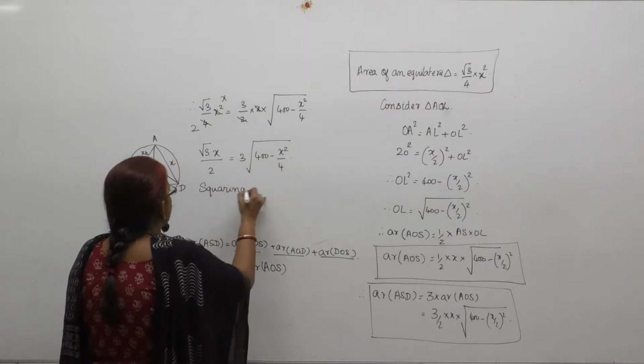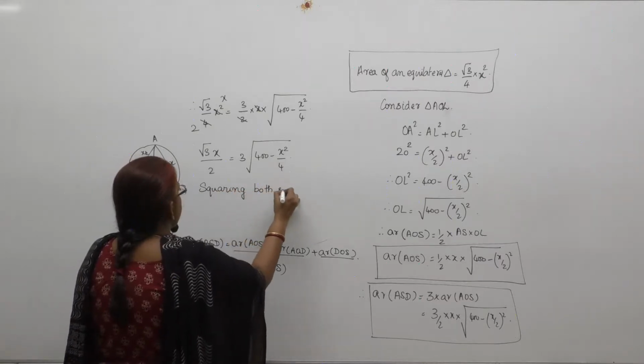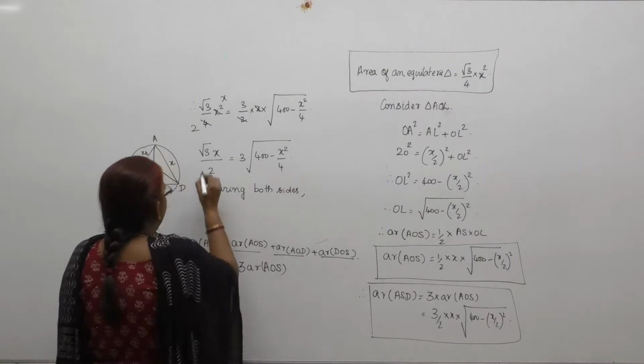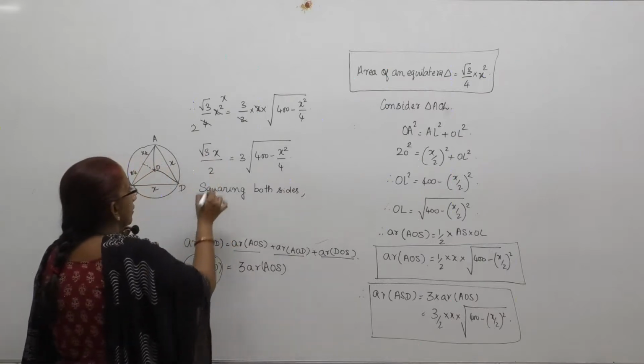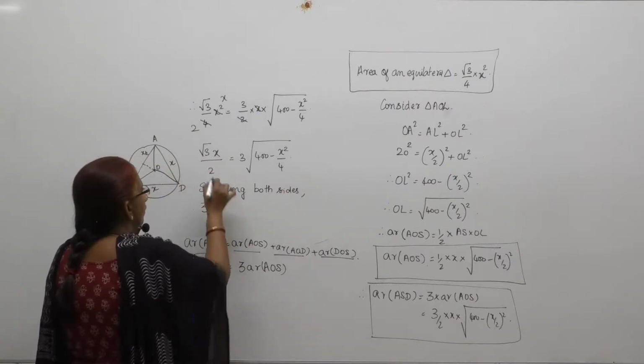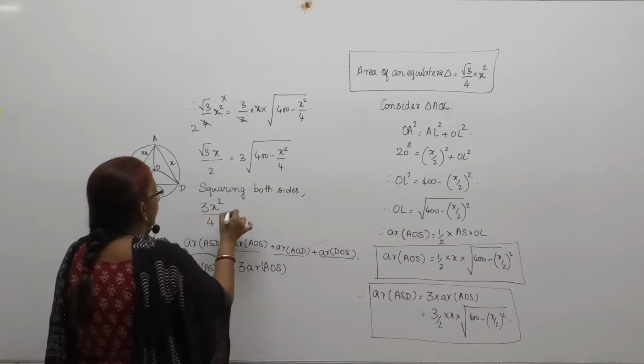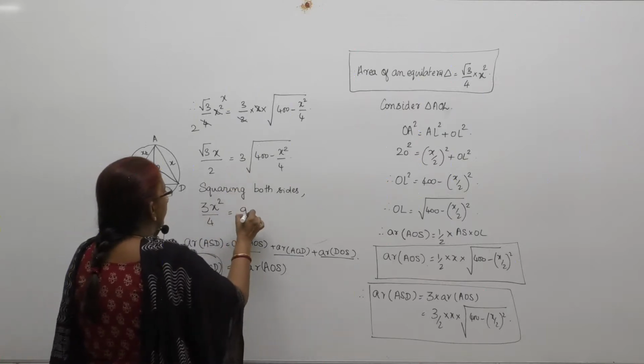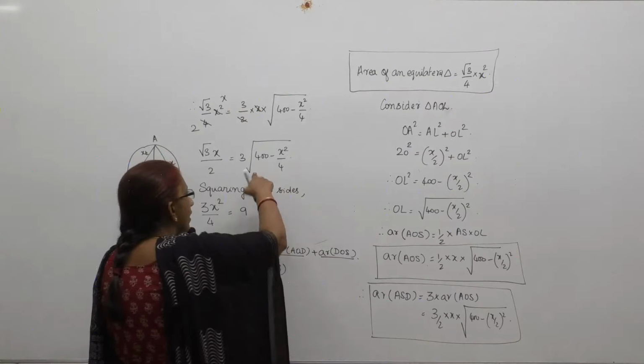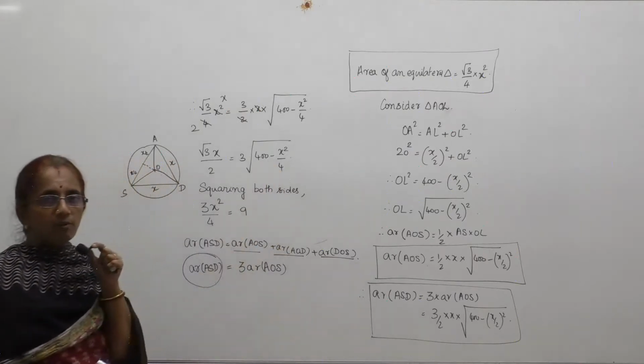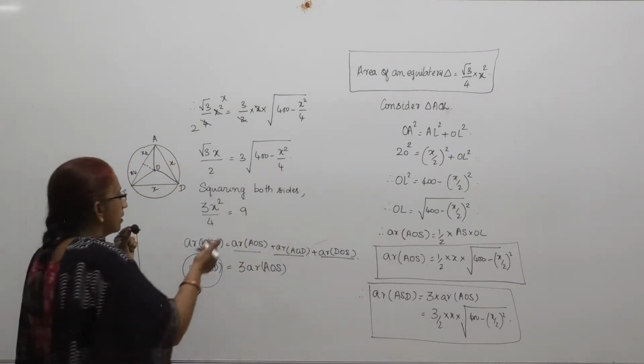Squaring both sides. When you square root 3, you'll be getting 3. When you square x, you'll be getting x square. When you square 2, you'll be getting 4. Again, when you square 3, you'll be getting 9. When you square the square root of 400 minus x square by 4, you'll be getting 400 minus x square by 4.